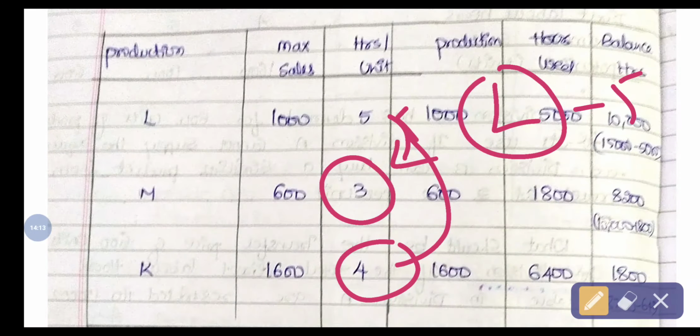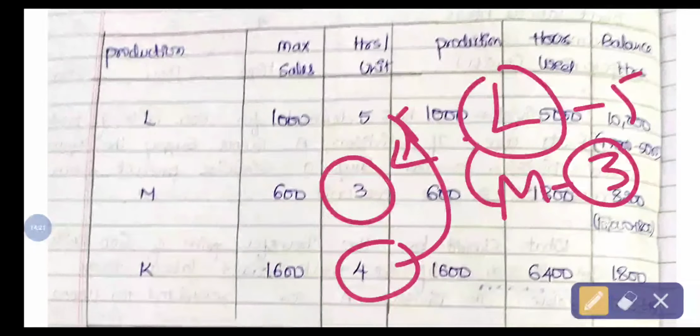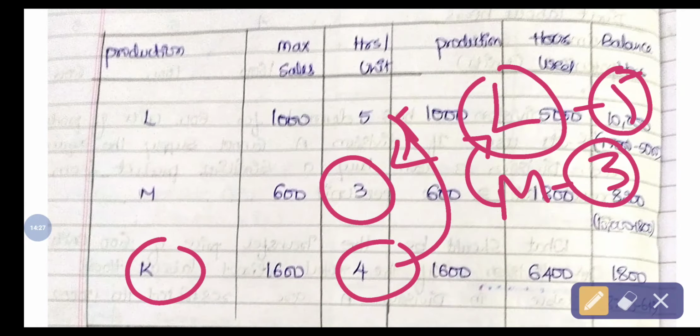If we give the second preference to M, only 3 hours will be there, and in 3 hours we cannot manufacture L product, so we have to take the nearest one. So for producing K, 4 hours will be required.